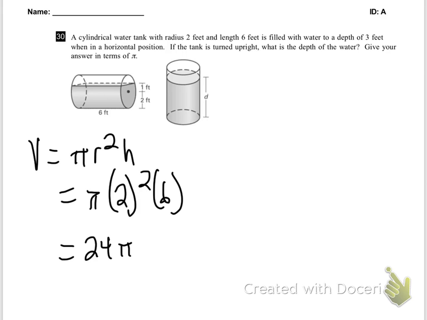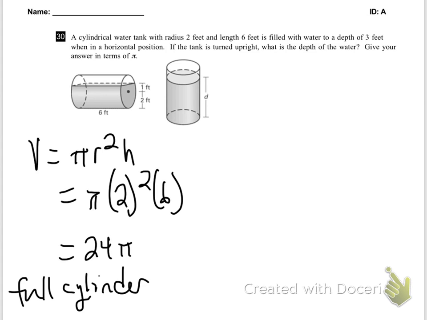So that's the full cylinder. We, of course, do not have a full cylinder. We have a cylinder that has been turned onto its side and filled to a depth of 3 feet. All right?